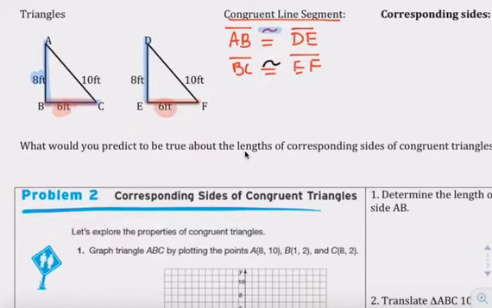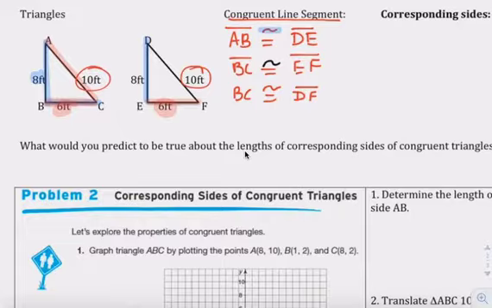The last congruent line segment is 10, 10. So line segment AC is congruent to line segment DF.